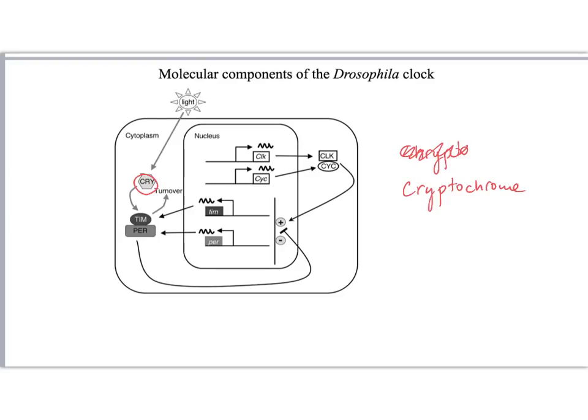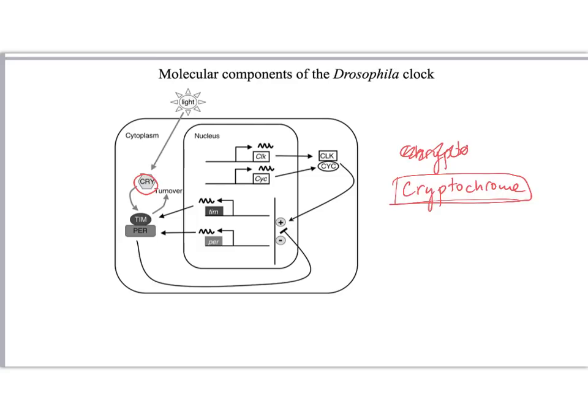Cryptochromes in flies and plants are photoreceptors, and they mediate input to many different systems, but in Drosophila, cryptochromes are important for the synchronization of circadian rhythms. And in fact, the way this works is that cryptochrome itself is in the same cells where the molecular clock is.